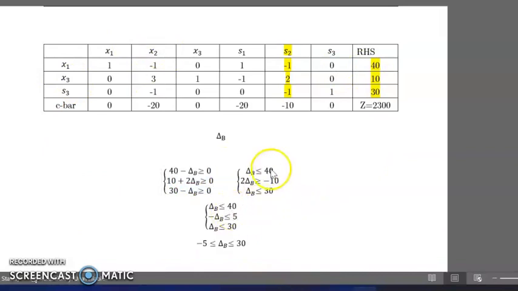So after doing the calculations, we deduced that delta B is between minus 5 and 30. So we conclude that as long as we do not increase the availability of resource B by more than 30 units and we do not decrease it by more than 5 units, our optimal basis is going to remain optimal.